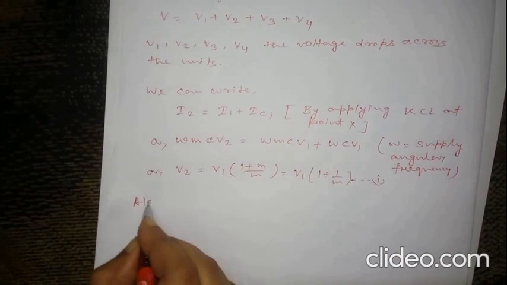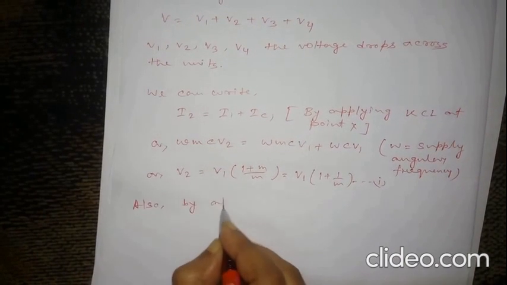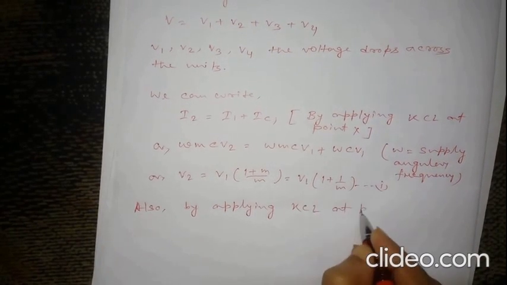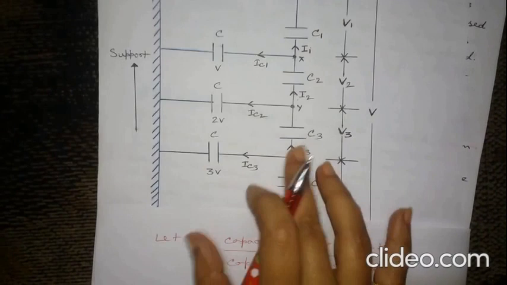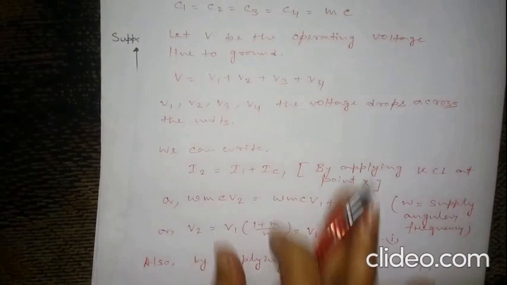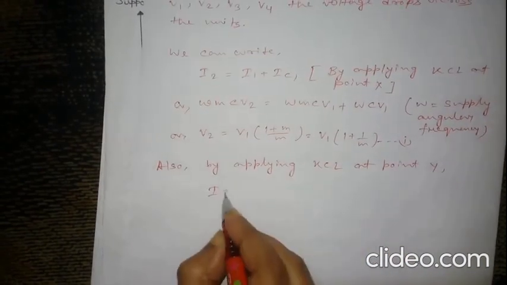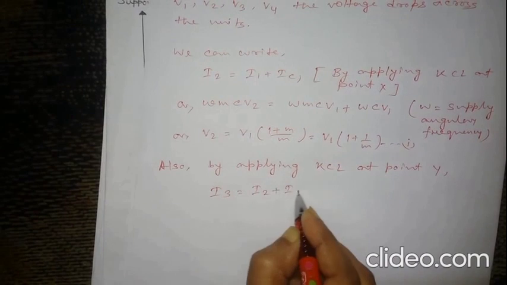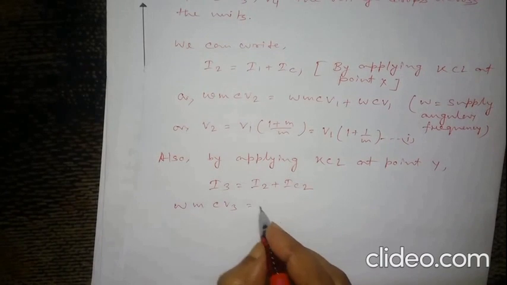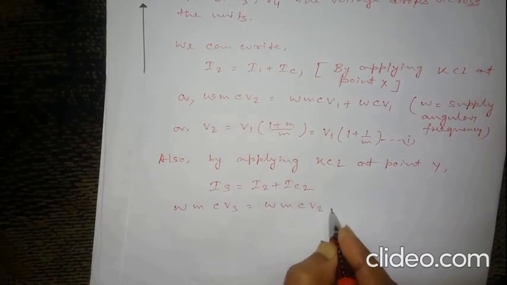Now, also by applying KCL at point Y, we can write I3 equal to I2 plus IC2, or omega C V3 equal to omega M C V2 plus omega C IC2.